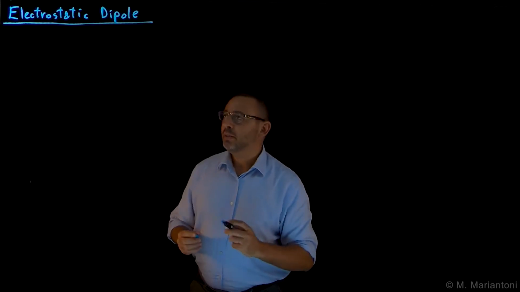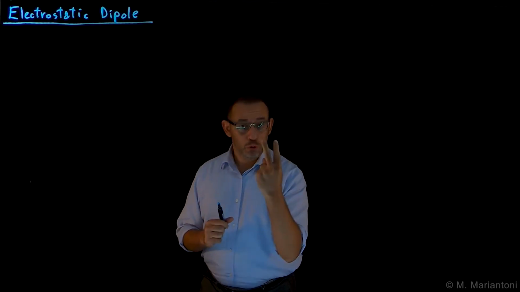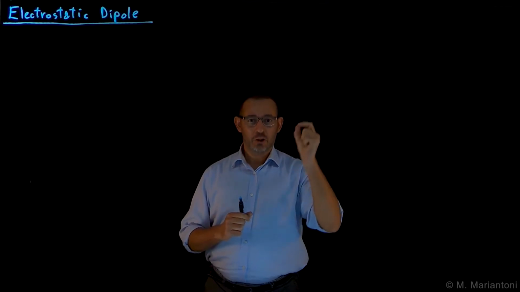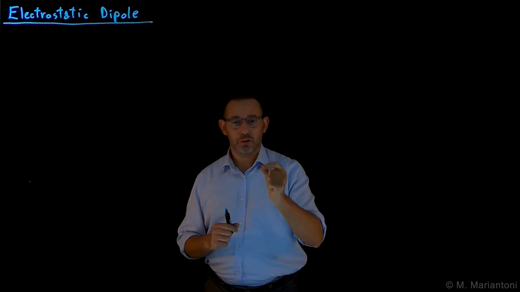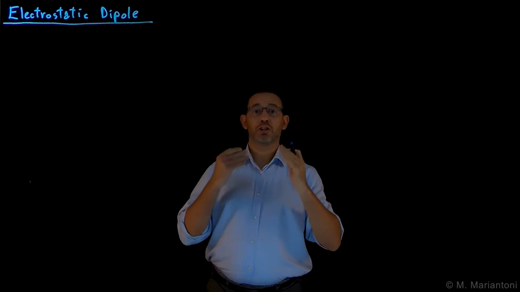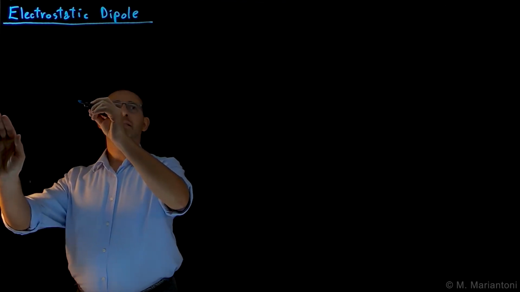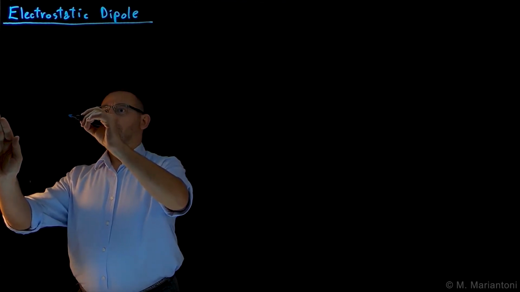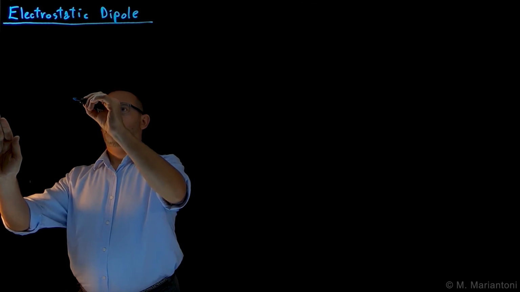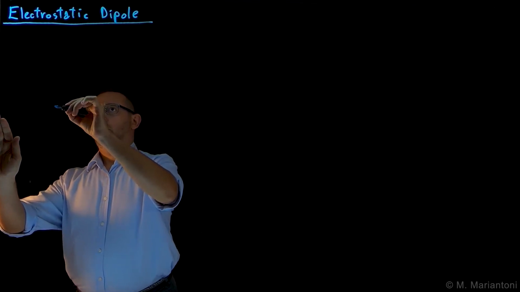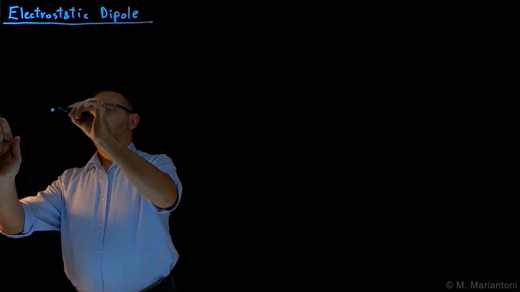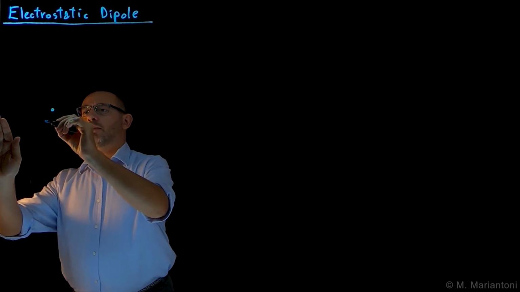So let us consider a set of two point-like charged particles in space. So we have a discrete distribution of only just two point-like particles. Let us suppose that the first particle is here at this point. This particle, we call it small q1.